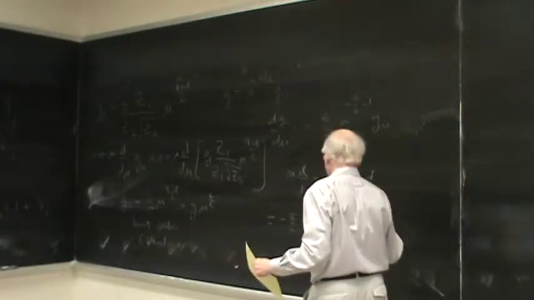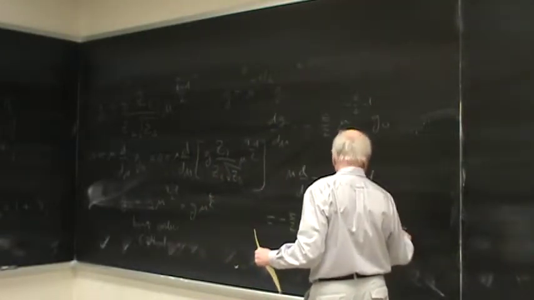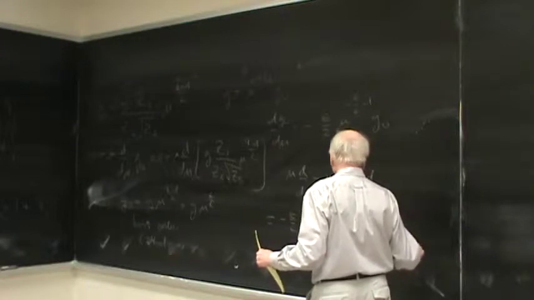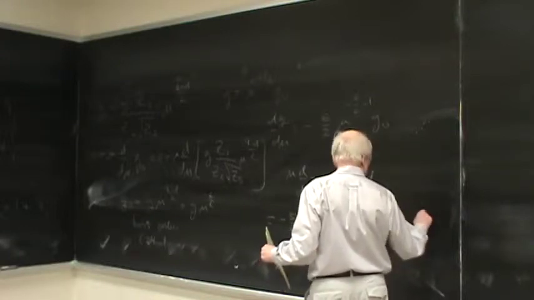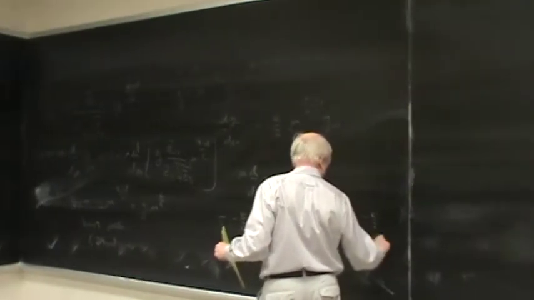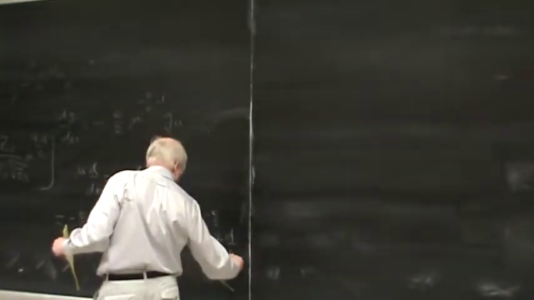Rewriting that, it's minus epsilon over 2 mu to the minus epsilon over 2 g0 d/dg.